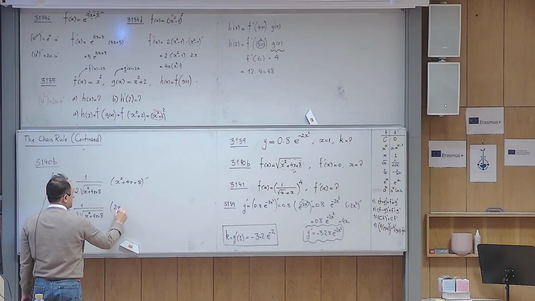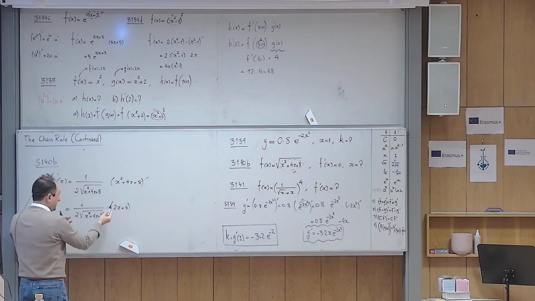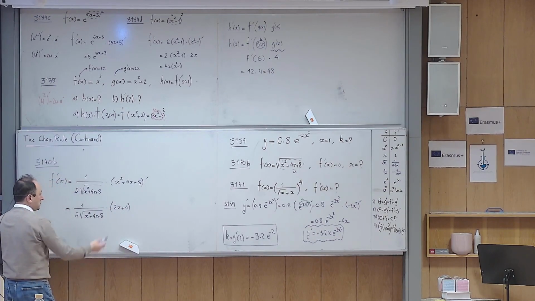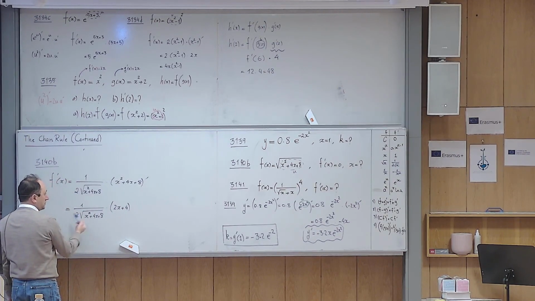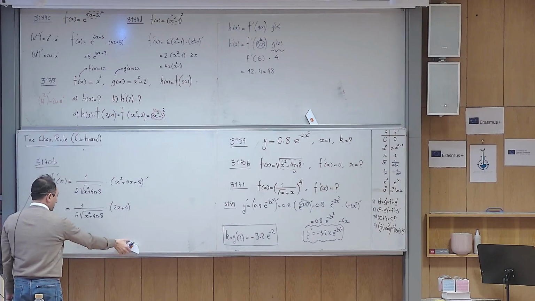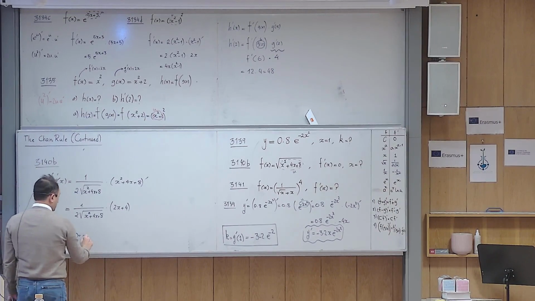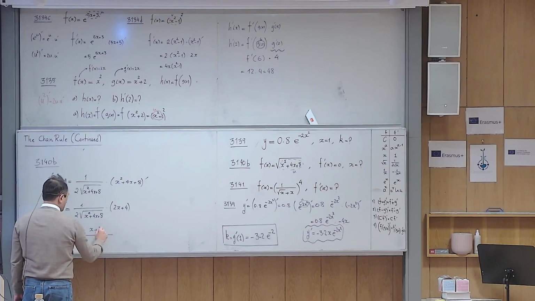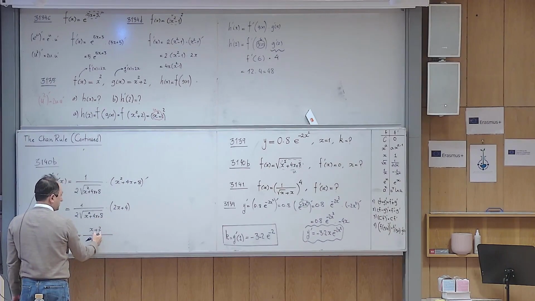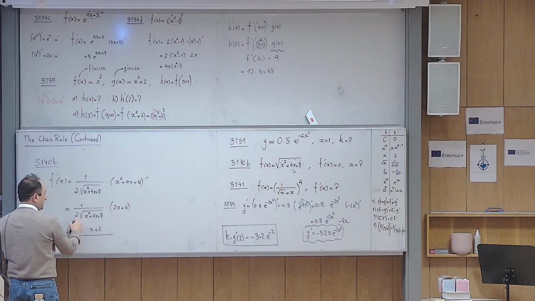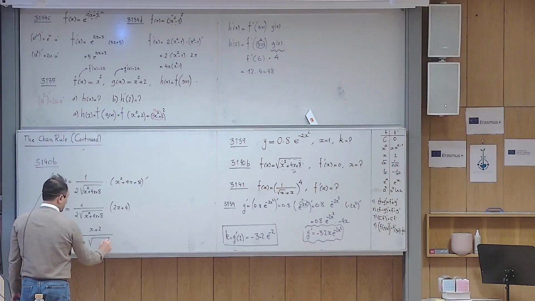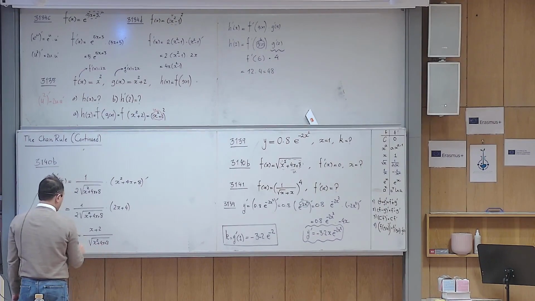It's just 2x plus 4. You can keep it like that, or I prefer to factor a 2 out. That 2 that I factor will cancel this 2. So eventually I have the simplified version of my derivative. It becomes x plus 2, because when I factor 2 out, x and 2 are left. So this is the derivative.